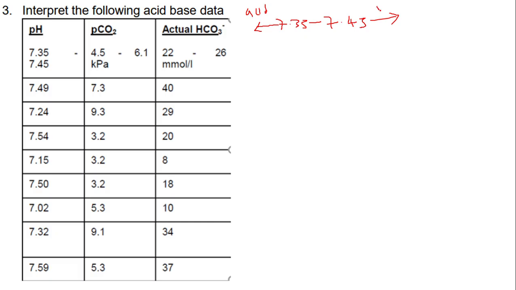A base or alkaline, right? A base or alkaline is the same thing. I'll just write alkaline condition. This is alkaline, right? Because it's more than 7.4. So this is the normal range of the pH.